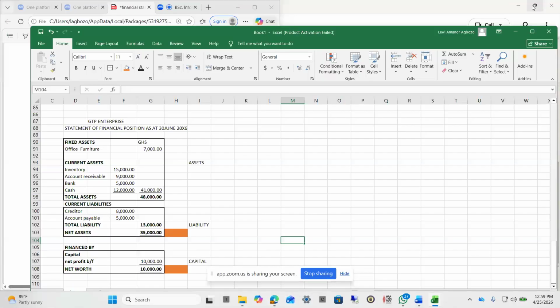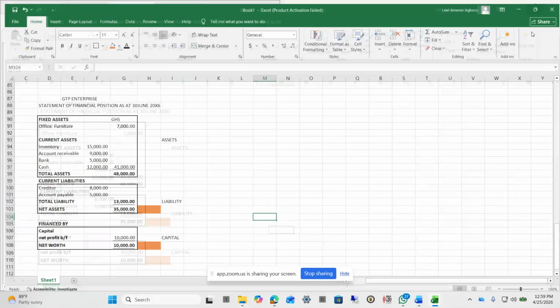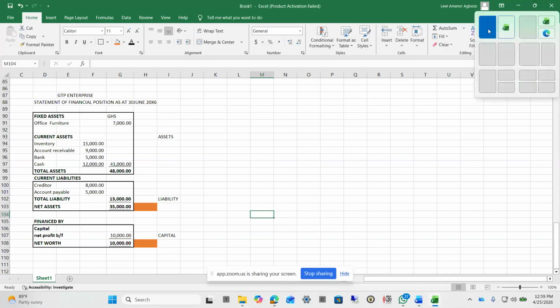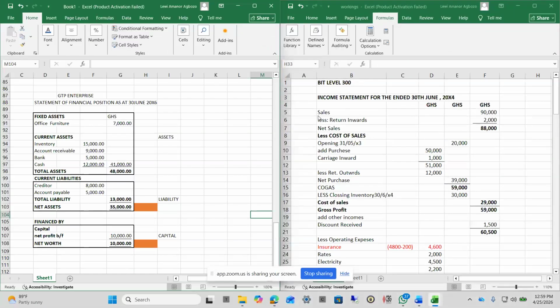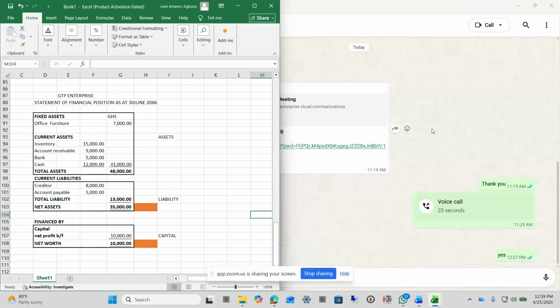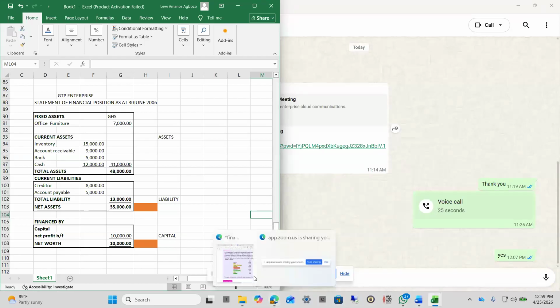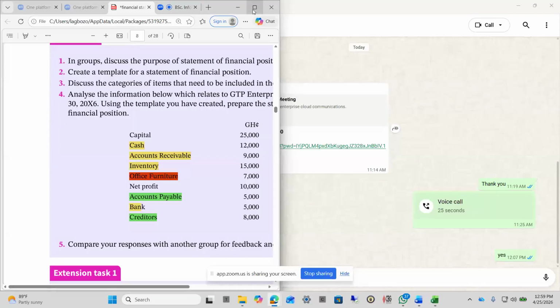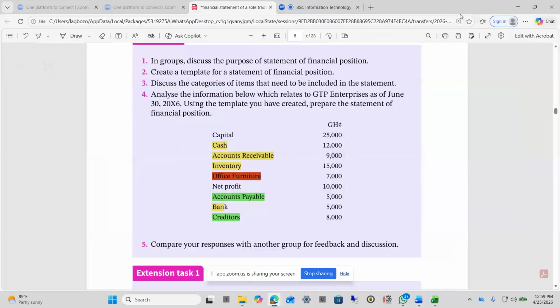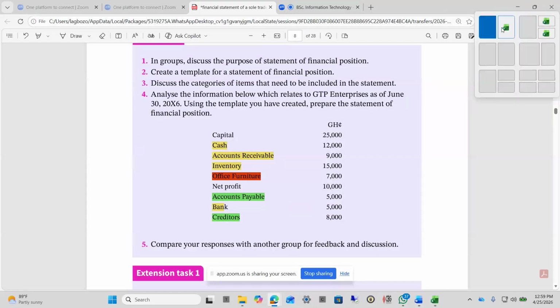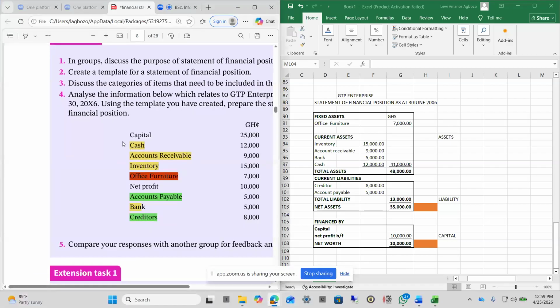So whilst we were preparing the balance sheet, we were able to get all the elements from the question, from this statement they gave us.